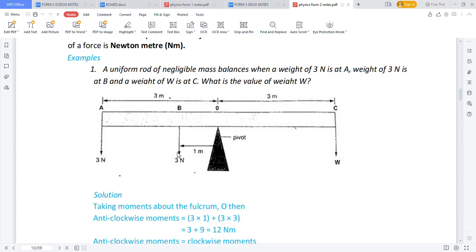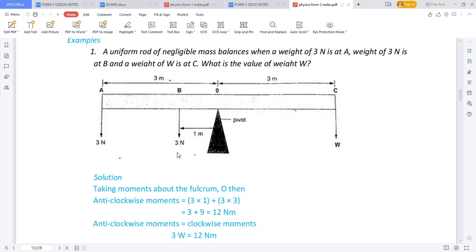Example 1. A uniform rod of negligible mass has a weight of 3 Newton at A, a weight of 3 Newton at B, and a weight of W at C. What is the value of weight W? So this is what we are going to say.